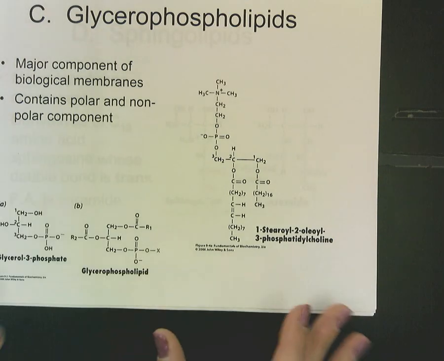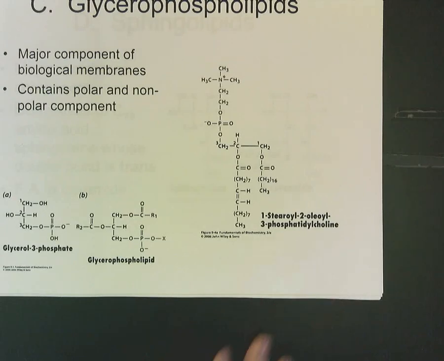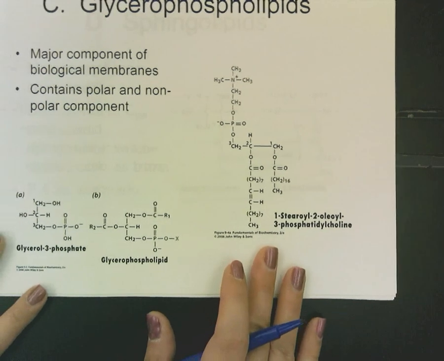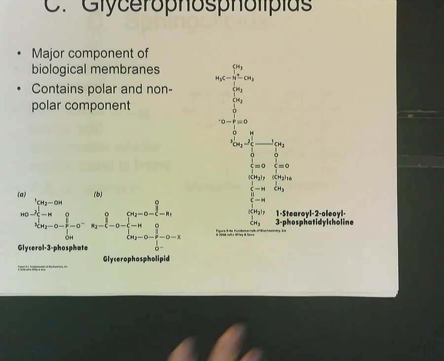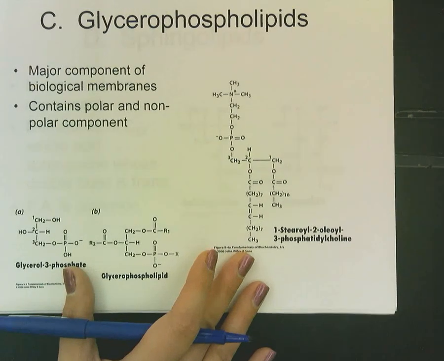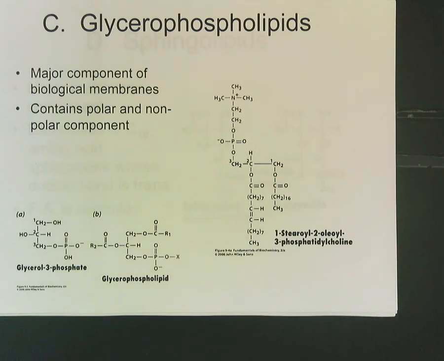Another form of lipids is glycerophospholipids. This is the predominant way that lipids are used to form biological membranes. So, based on the fact that it's called glycerophospholipids, what are 2 components probably attached to the lipid?